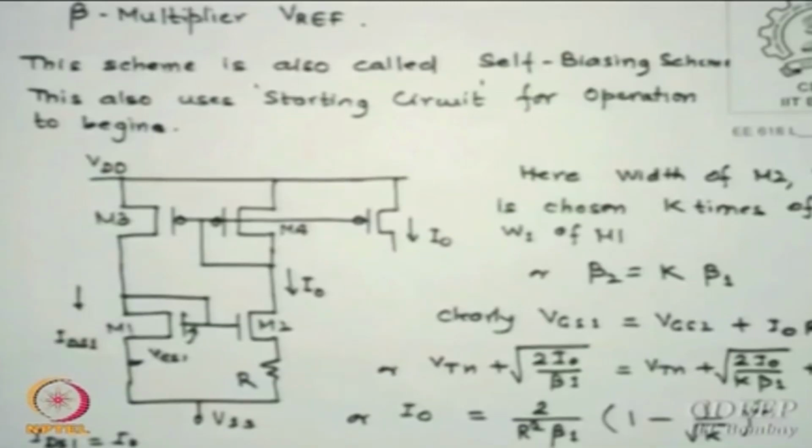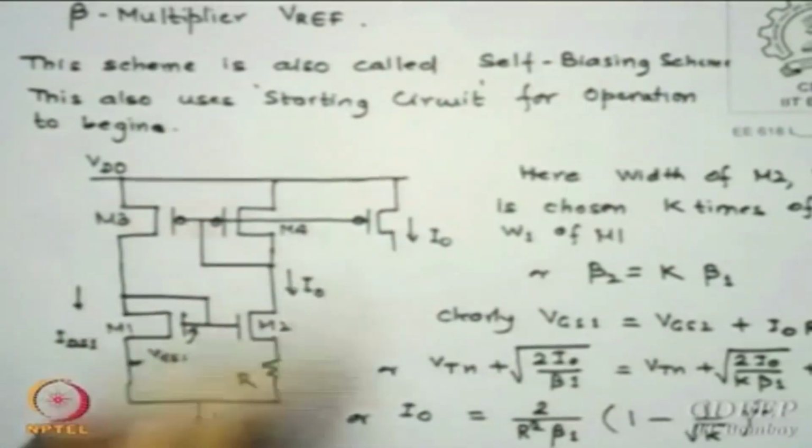Now this is very simple: one p channel mirror and one n channel mirror connected, with a Wilson-like resistor sitting here. So why are we so keen about this? This circuit is what is called a self-biasing circuit, and it is used in biasing. I0 is created from this circuit.